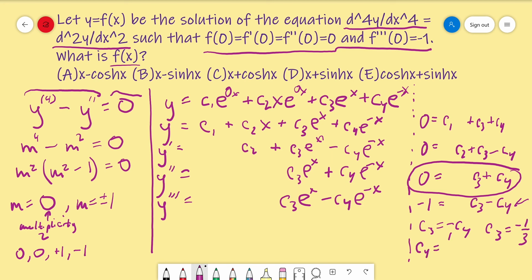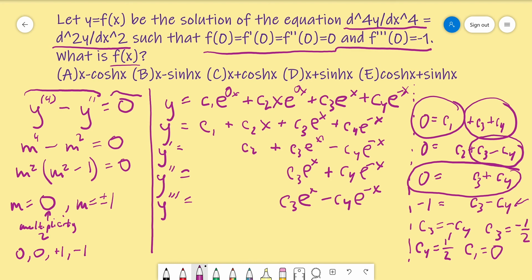So that's, sorry, that's supposed to be a 1/2. So C4 has to be positive 1/2. And then if C3 and C4 are opposites of each other, their sum is just going to be 0, which means that C1 is equal to 0. And then C2, well, we know that C3 minus C4 is negative 1. So that means that C2 is equal to positive 1. Alright, these are our constants.